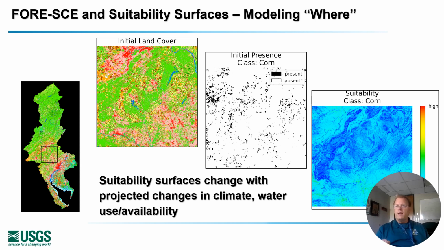As we input new climate data, the suitability for corn may shift. As we input new data on water use and water availability, the suitability might shift for corn. So it's a model where the where part is very sensitive to some of those driving forces that dictate the likelihood that a pixel can support that given land use.